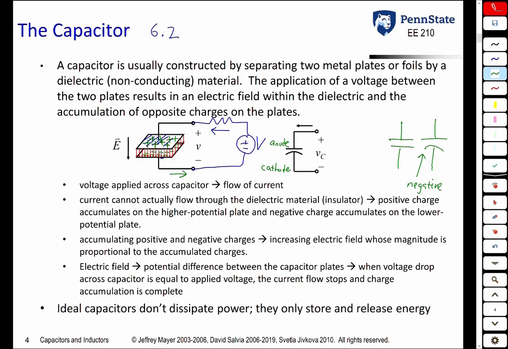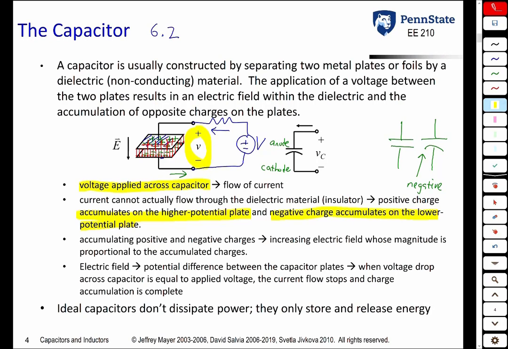Okay, so this is what happens. If you take a capacitor and apply a voltage across it, as I said here, that causes a flow of current. The charges have nowhere to go, so they congregate on the positive plate. They accumulate on the positive plate, which causes negative charges to accumulate on the lower plate. Those charges then create a voltage.